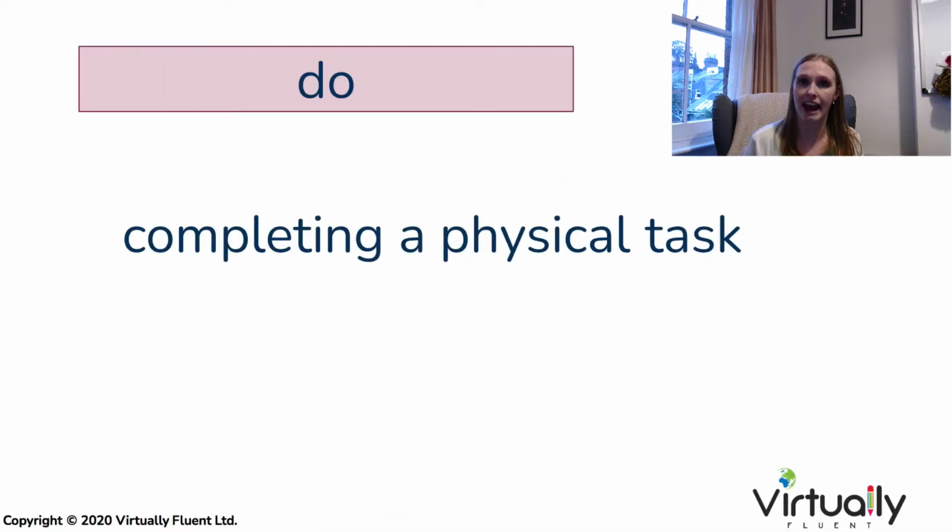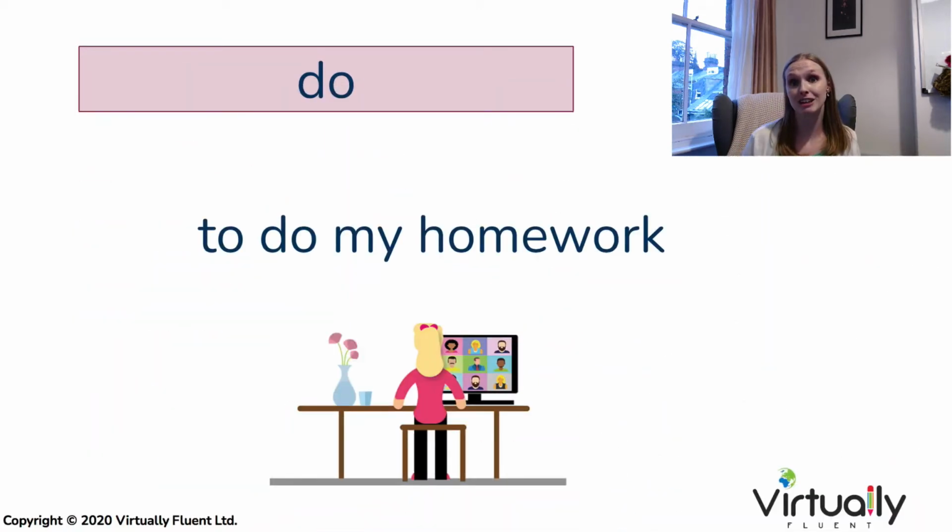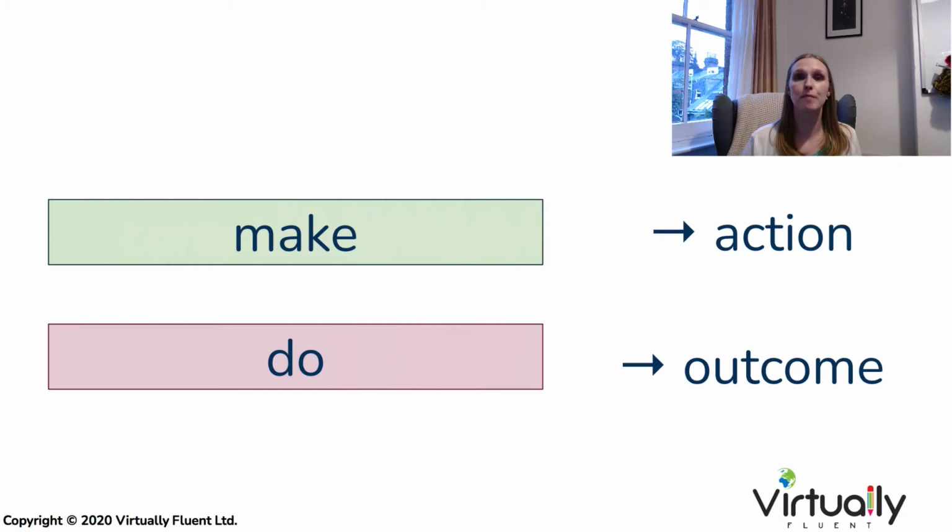Do, on the other hand, has a focus on completing a physical task. It is almost a synonym for the verb to complete. For example, to do my homework, to complete my homework, not to make my homework. So the main difference is that during the process, during the action, the verbs focus on different things.